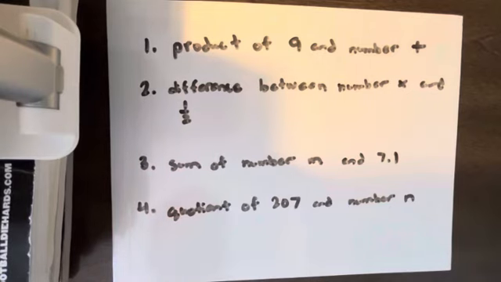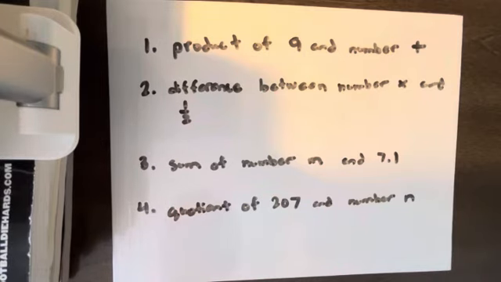Okay, now we have an array of different problems here. These are 4 examples of algebraic expressions used in word form, and our job is to convert that back to regular number form in their algebraic expressions.